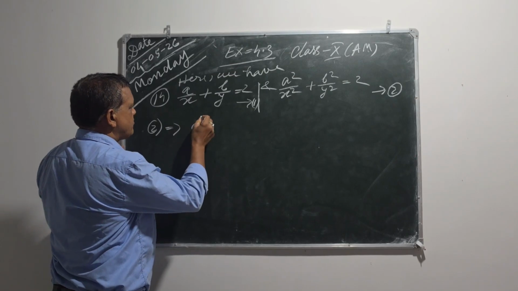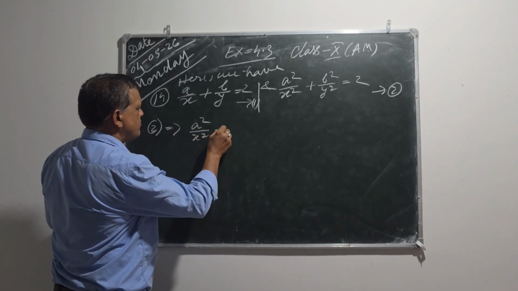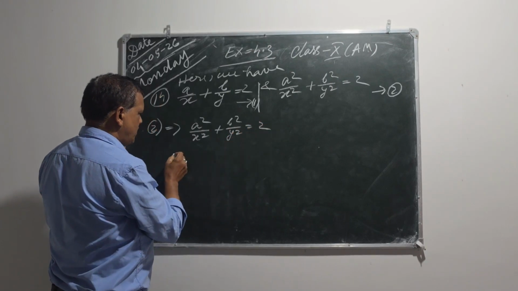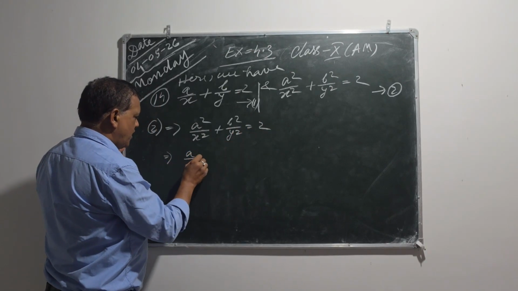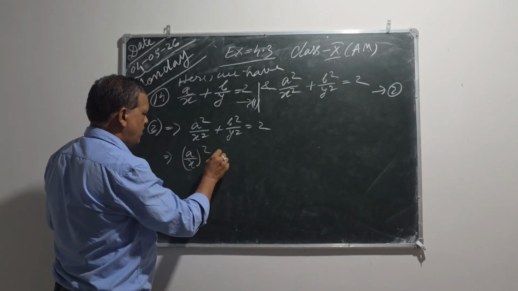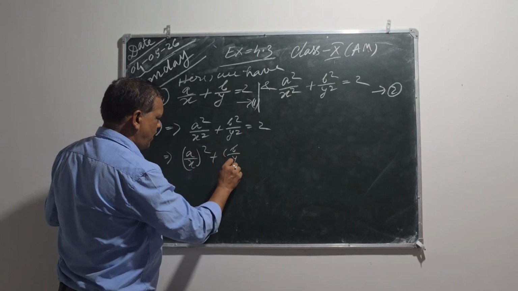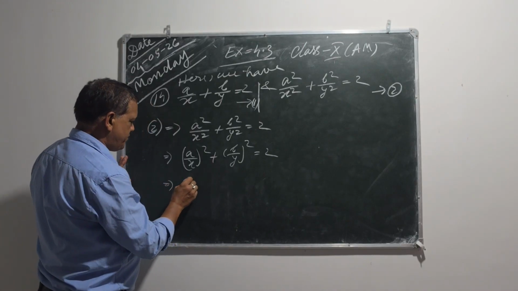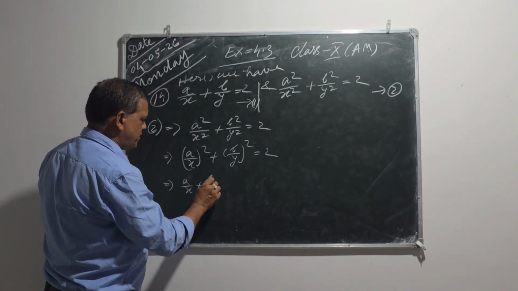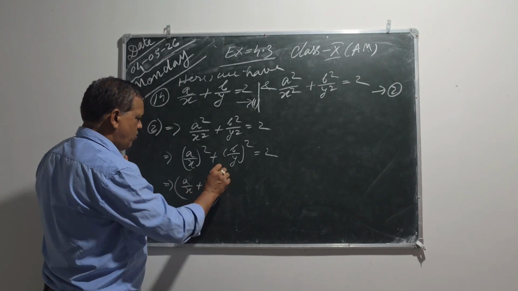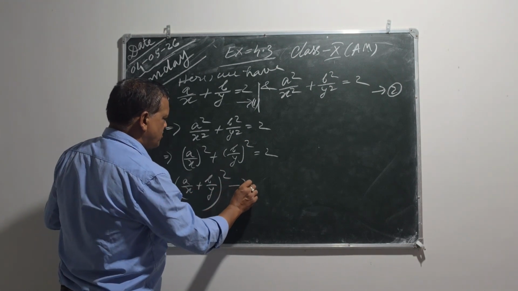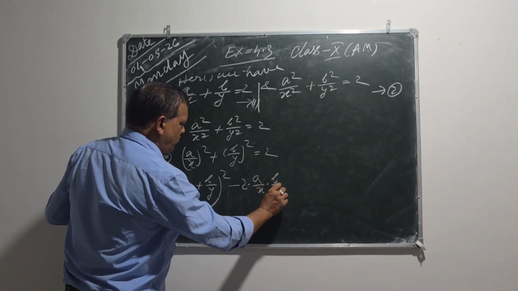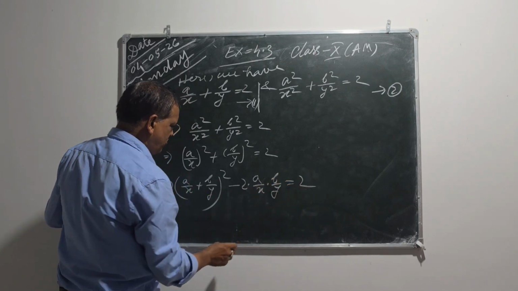It is given a square by x square plus b square by y square equal to 2. That implies (a by x) whole square plus (b by y) whole square equal to 2. That implies (a by x plus b by y) whole square minus twice a by x into b by y is equal to 2.